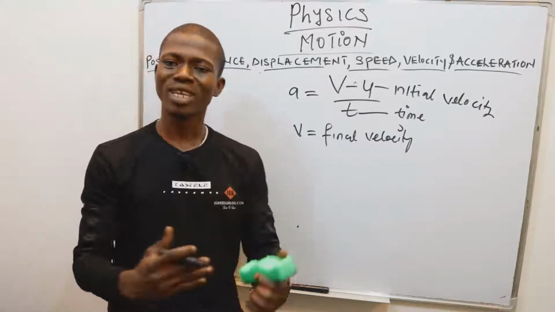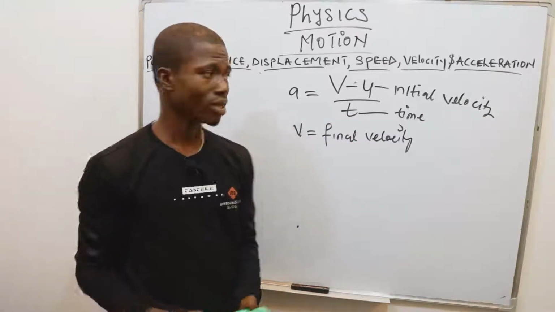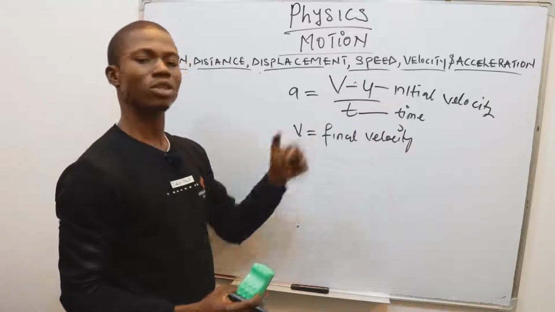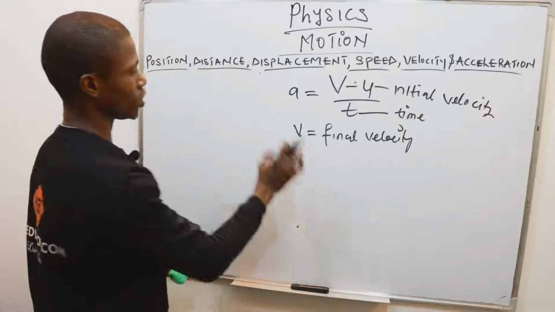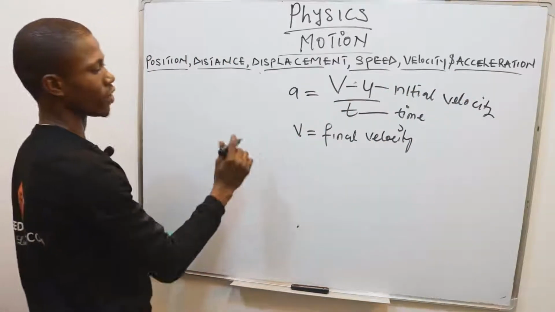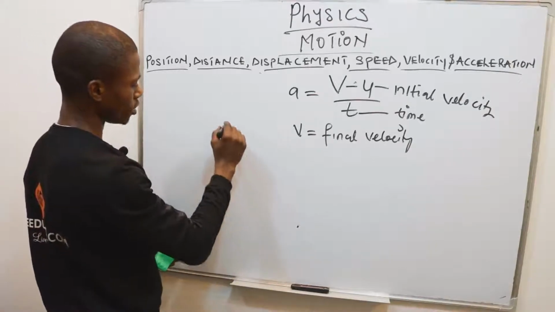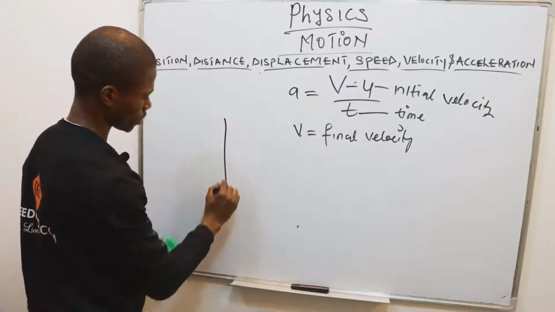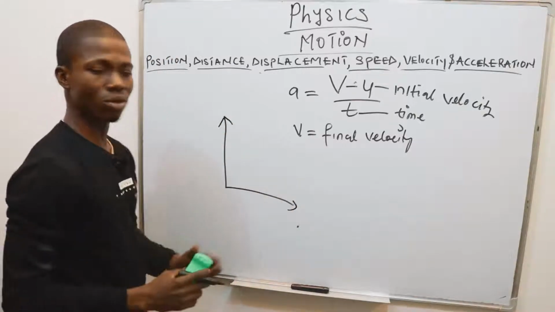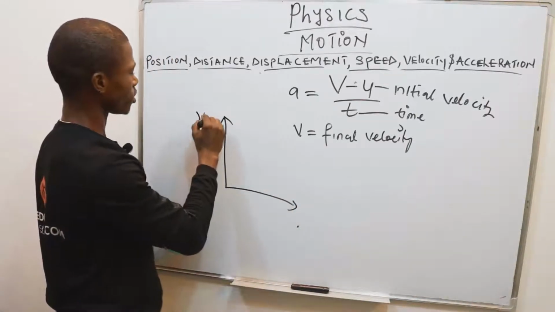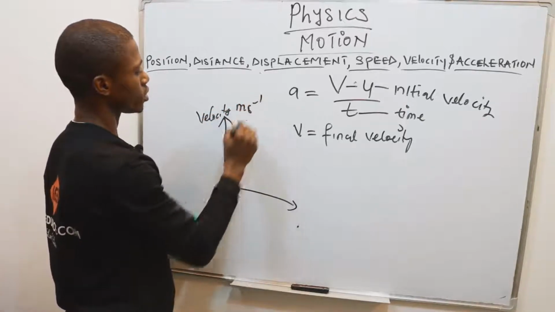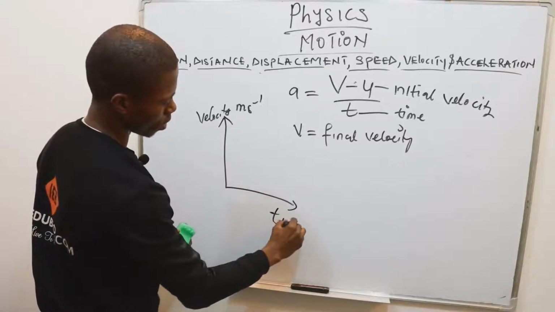But how about retardation or deceleration? Retardation is the decrease of velocity with time. Okay, let's go over to their graph. The graph of acceleration goes like this. This is the velocity, which is meter per second, and this is our time.